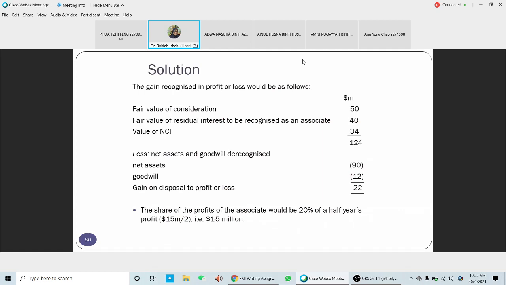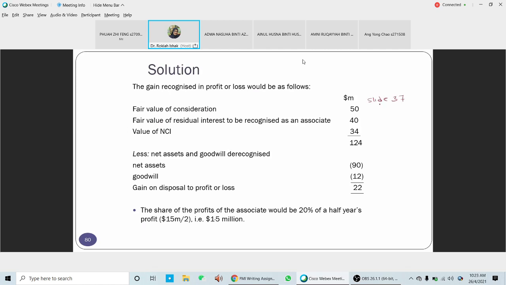So how are we going to calculate the gain or loss here? Now we are going to use the net asset method. For the net asset method, please refer to slide 37. Can you refer back to slide 37?